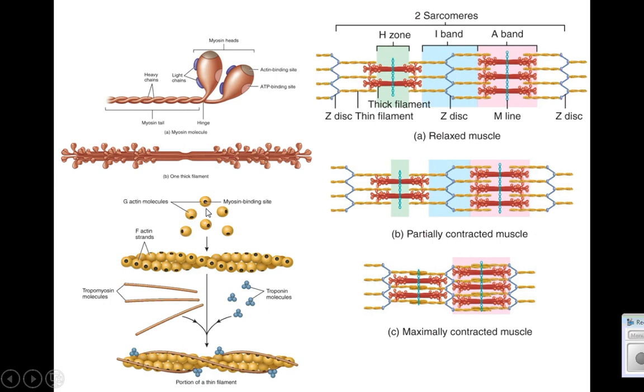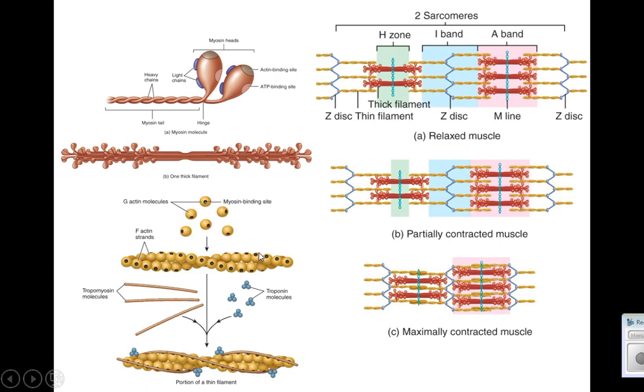We have individual beads known as G-actins that get strung together to form what we call F-actin strands. And a single thin filament is made up of 2 F-actin strands that helix around one another. So it'd be like taking two beaded necklaces and wrapping them around each other.